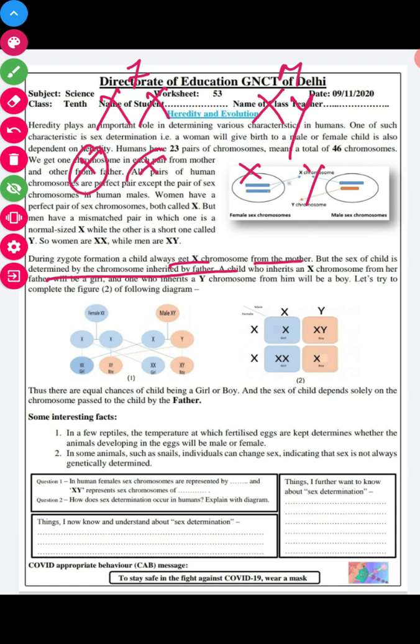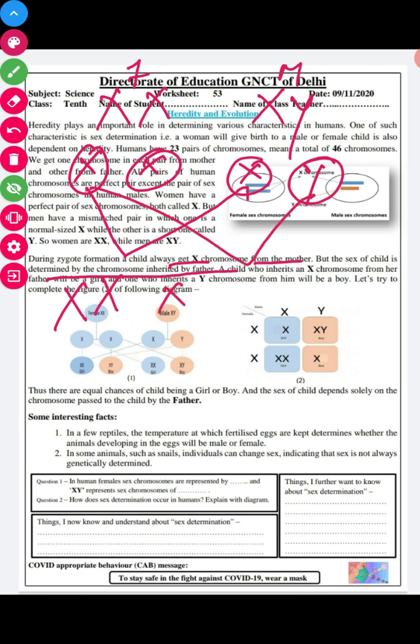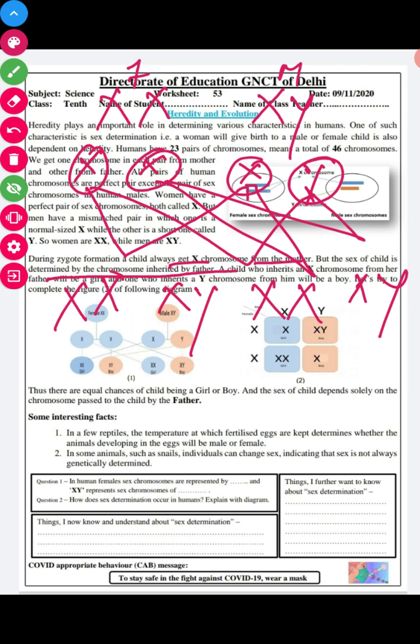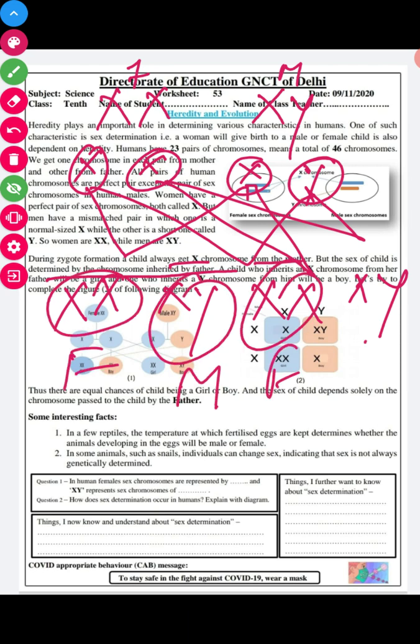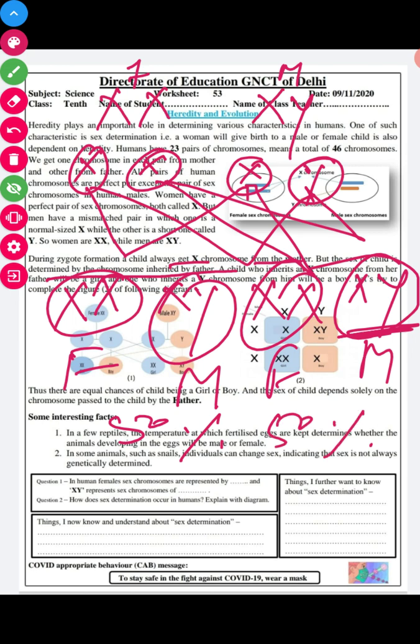When fertilization happens, this X combines with this X and forms X and X. This X going to this Y forms X and Y. This will go to X and X, forming X and X, and this X and Y. So this is female, this is male, this is female, and this is male. So the chances of male and female are almost 50-50 percent in this case.